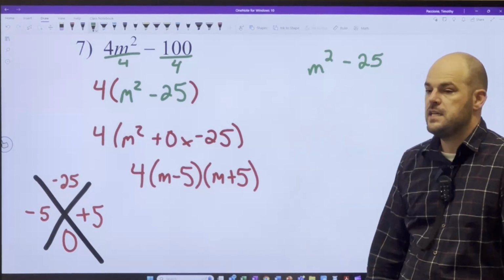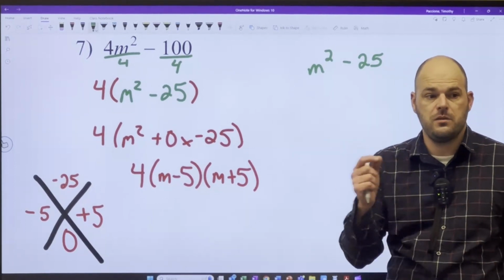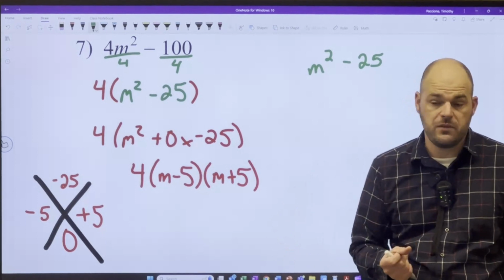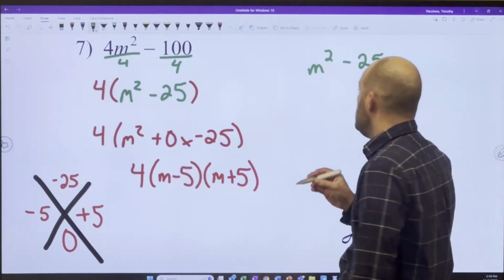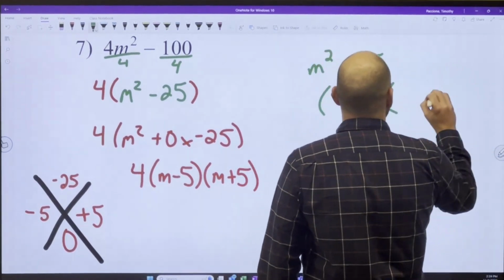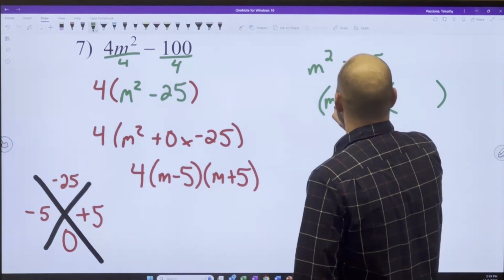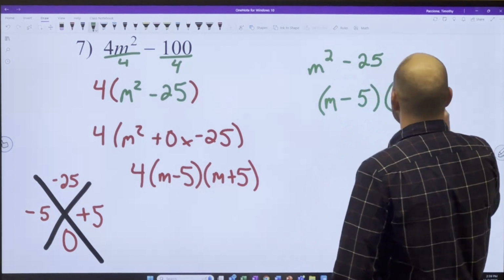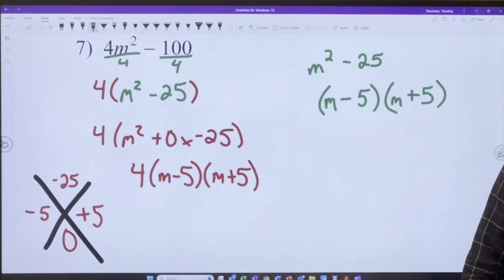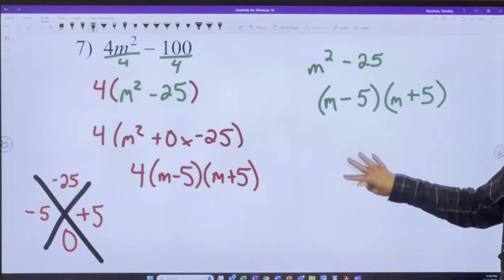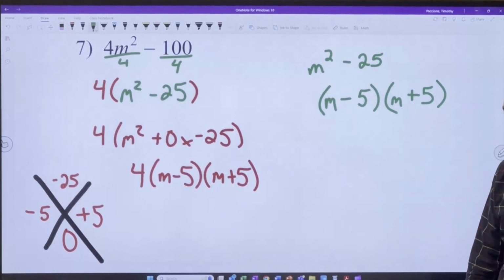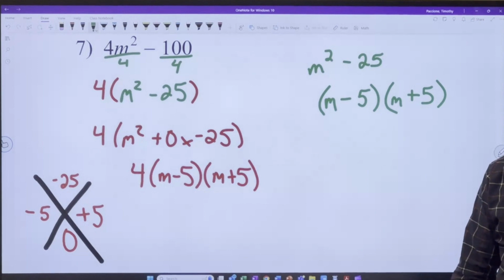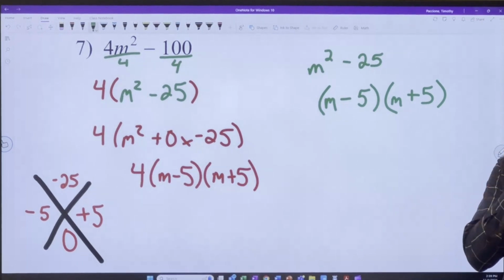And the minus is a difference. So it's a difference of perfect squares. Whenever you have a difference of perfect squares, you get the square root of both, so m and 5, m and 5, and minus plus every time. Just a little shortcut. And we're going to talk about that in a lesson. But hey, we got it here, we might as well talk about it. Okay? All right. Any other questions on the homework?